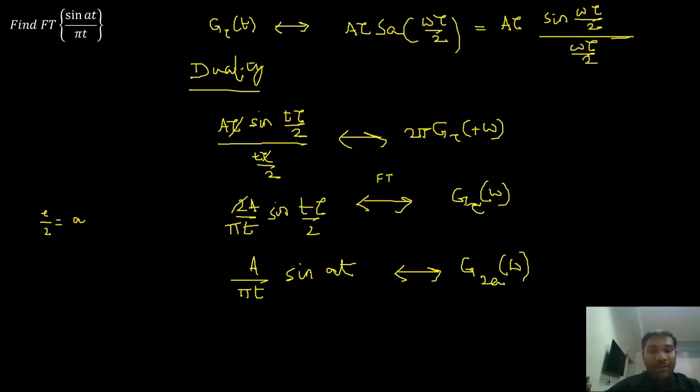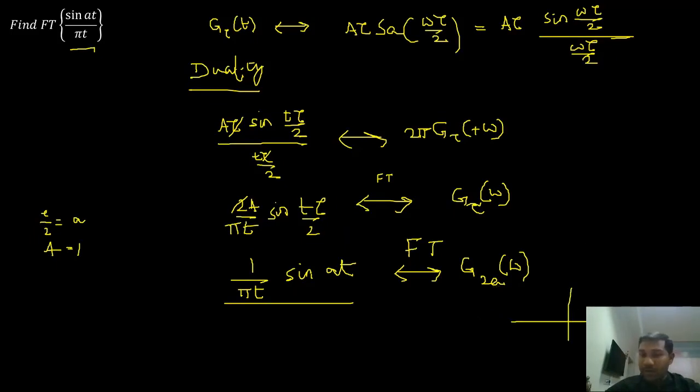And let me substitute A is equal to 1. So instead of capital A here, I have 1. So the Fourier transform of sin at by pi t is nothing but a rectangular function with width 2a.